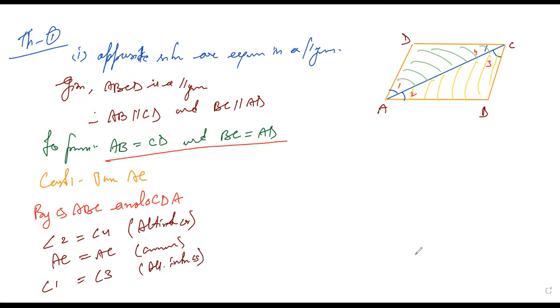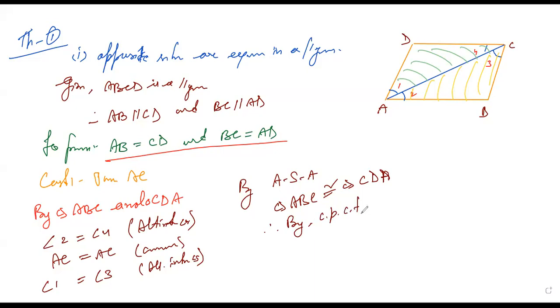So when we have these combinations, we can say that by ASA, triangle ABC is congruent to triangle CDA.